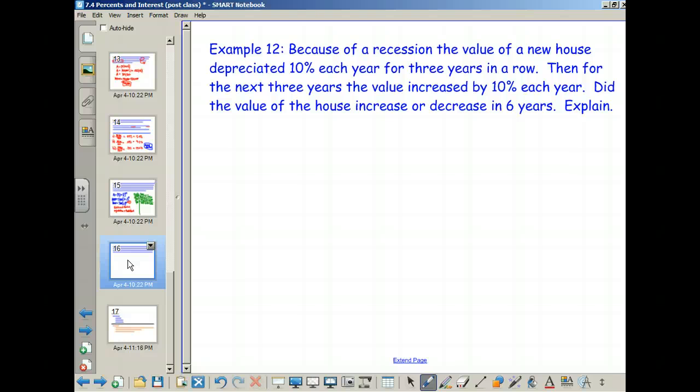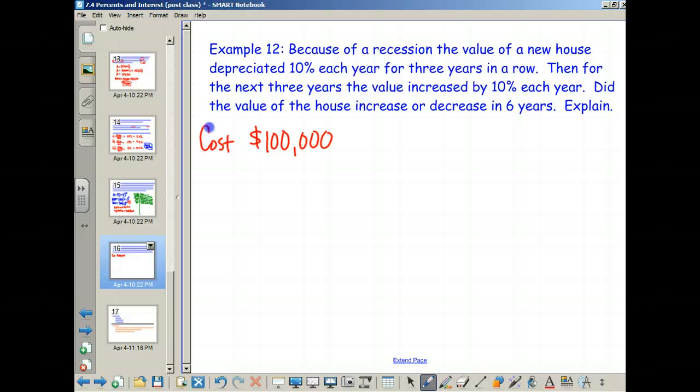It doesn't tell us how much the house is worth, right? So we're just going to make it worth something and see what happens to the numbers. So we're going to work with a nice, easy whole number of a $100,000 house. Okay? So let's say that the cost of the house was $100,000. And we're kind of going to do what we were doing in the last slide when we were doing that table at the end. Okay?